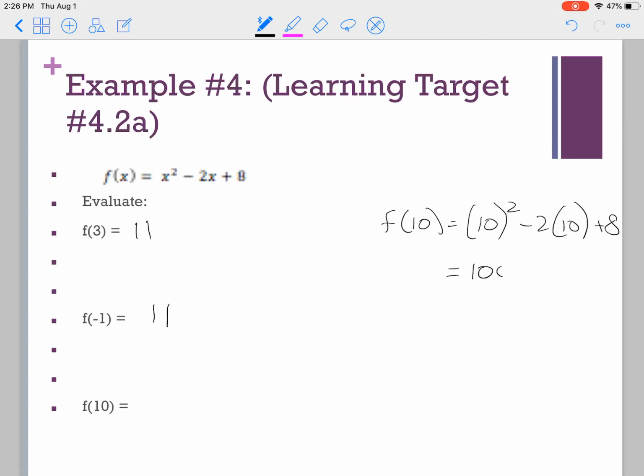Exponents first, so 10 squared is 100. Multiply next, minus 2 times 10 is 20. Add or subtract last, and from left to right. So 100 minus 20 is 80, plus 8 equals 88. So f of 10 is 88.